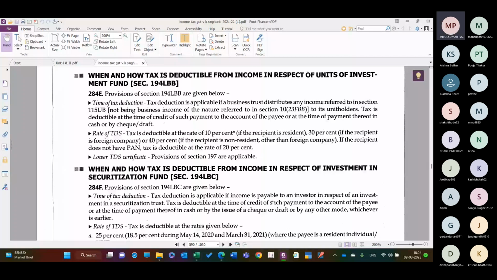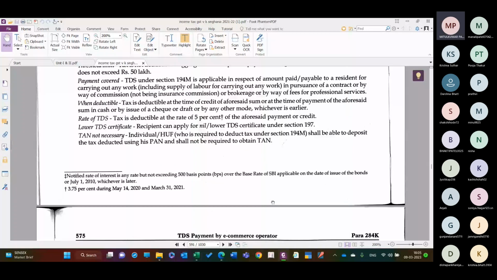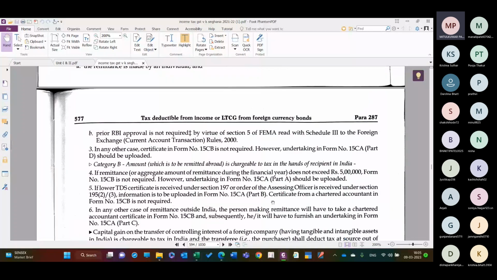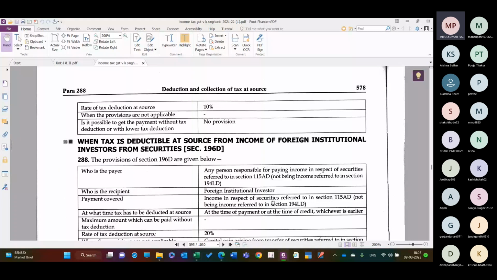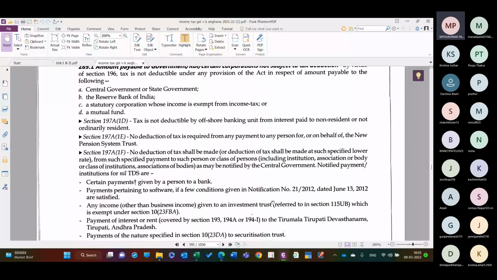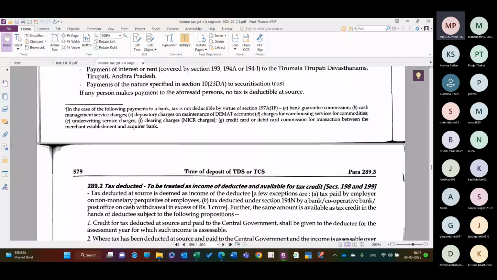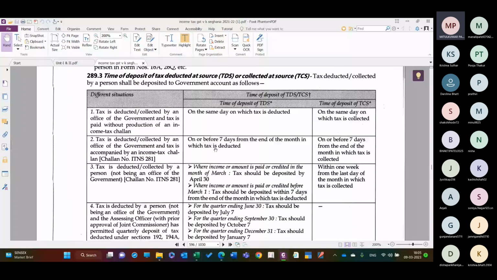So the TDS process is quite extensive in nature. There are a number of compliances which are required to be fulfilled by the persons who are the deductors under the Income Tax Act. So TDS काटना भी है respective payments के ऊपर.